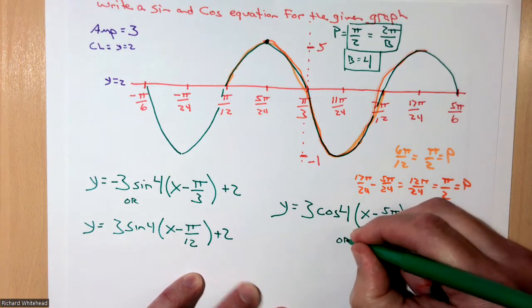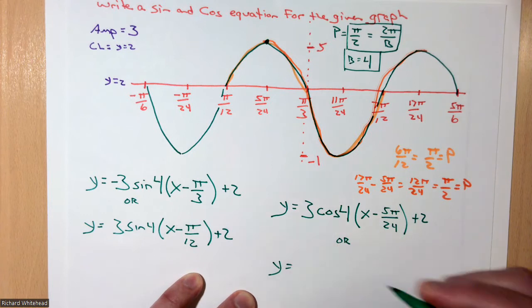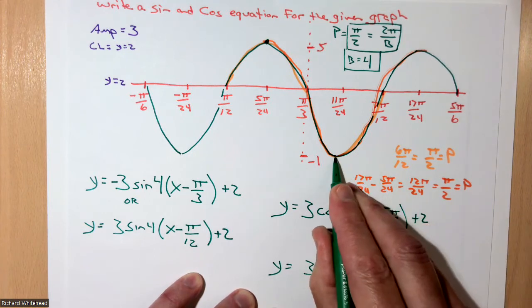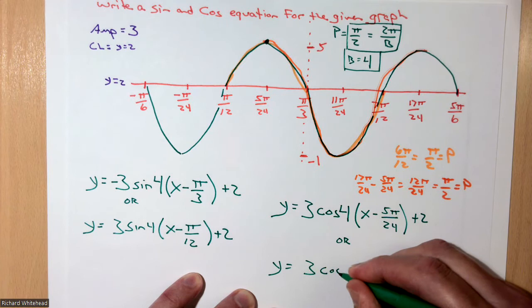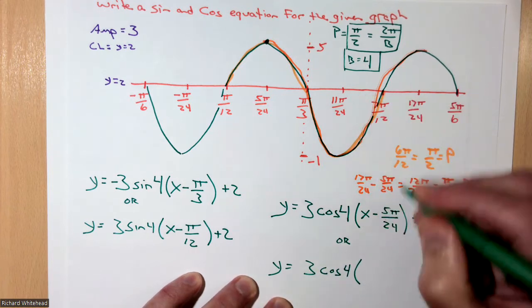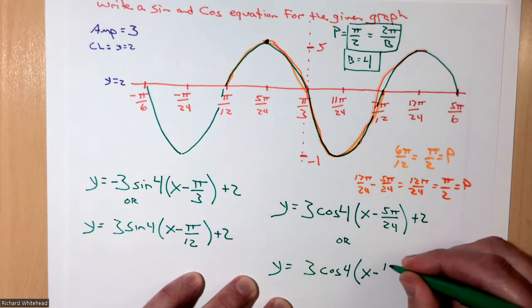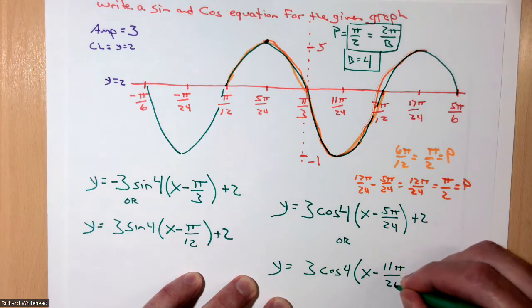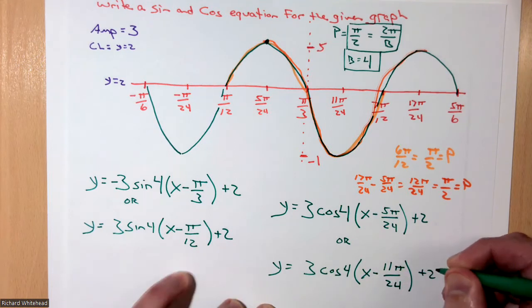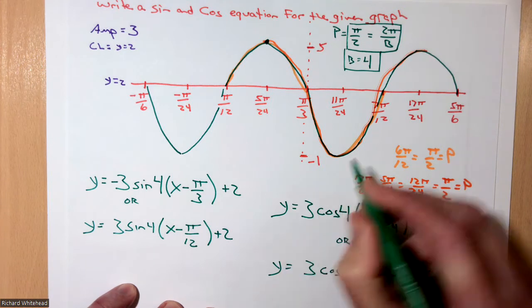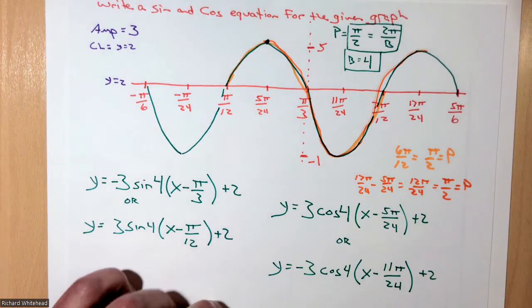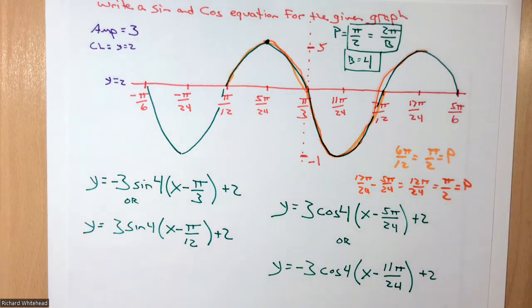And I know somebody's contrary. No, I'm going to do it different. Somebody says, I want to choose that to be my starting point. Okay, let's do it then. That's 11 pi over 24 right here, plus 2, but wait a second. If I started at the min, I got to put a negative out front.